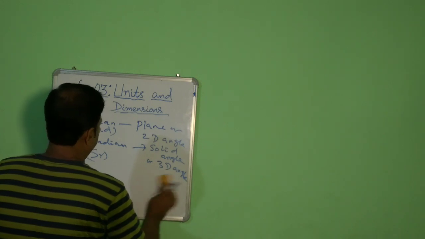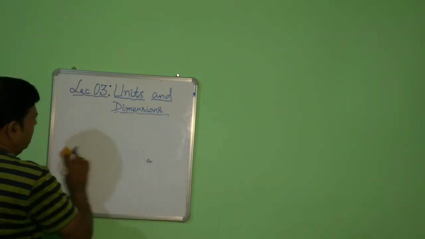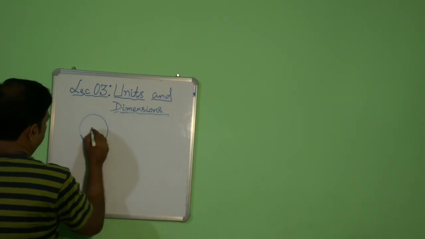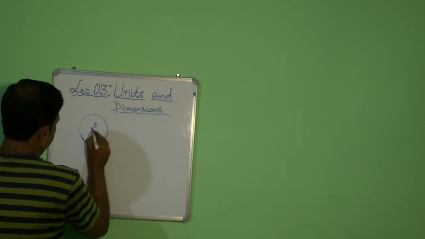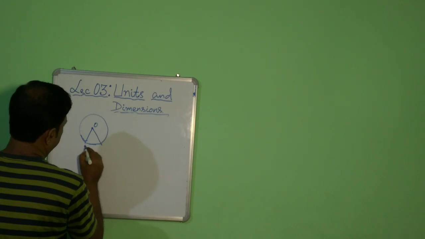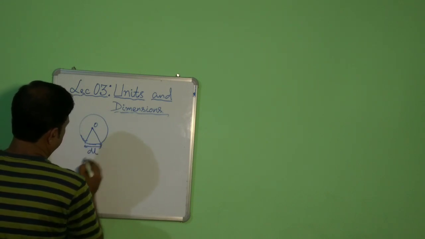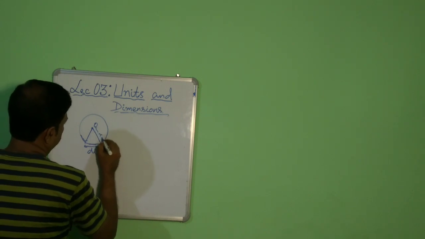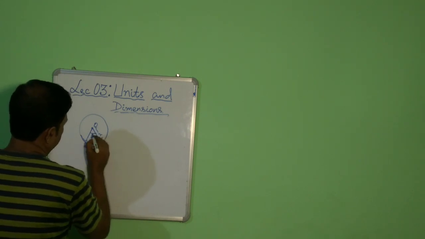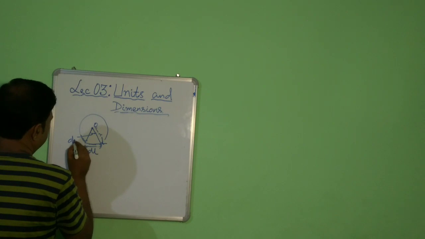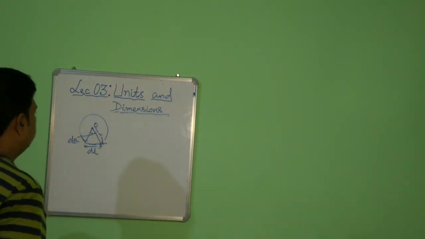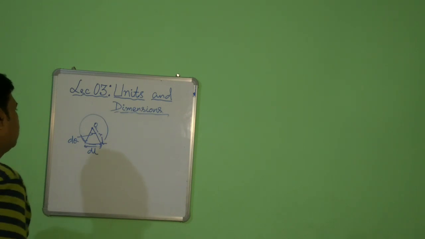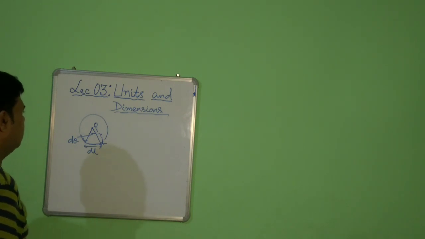So what is this radian? First we must know. If this is a circle and O is the center, suppose this is the elemental length dl, and this radius being r, then suppose this angle is d theta. That means d theta is the angle subtended by this length of arc equal to dl.